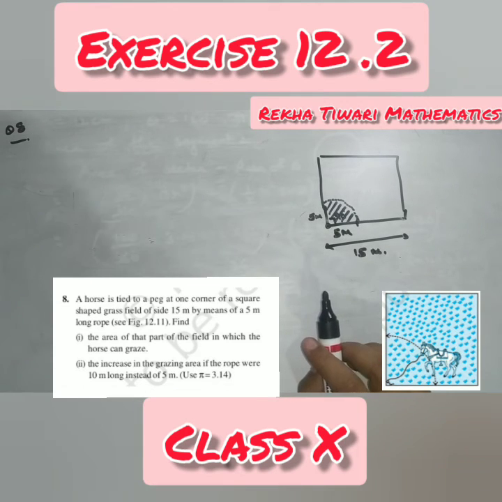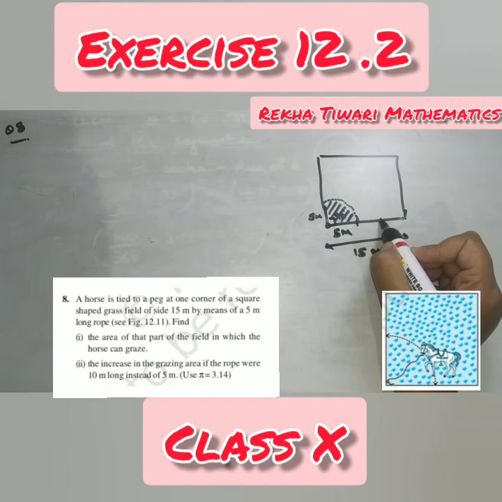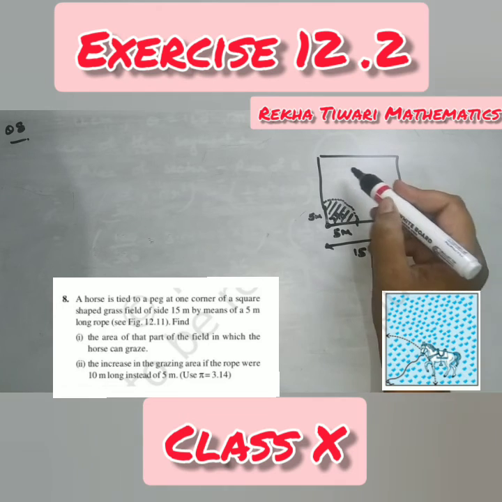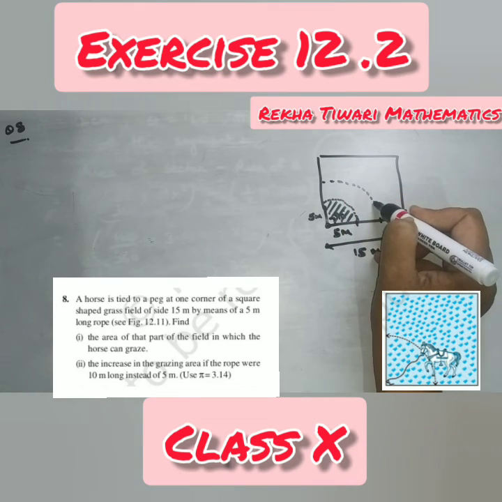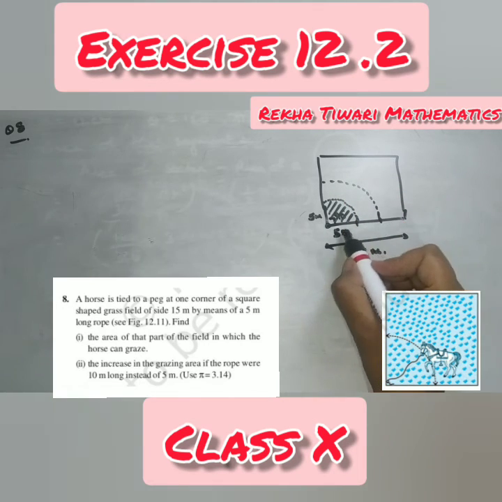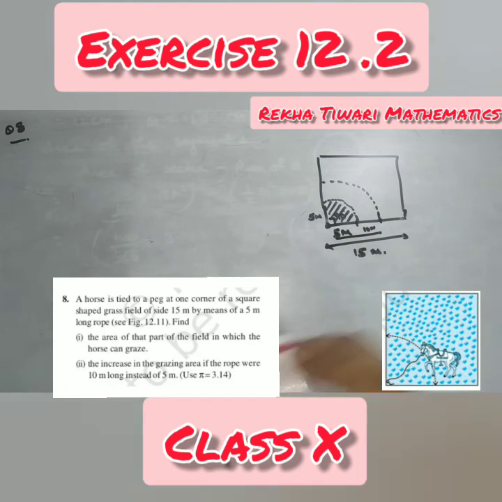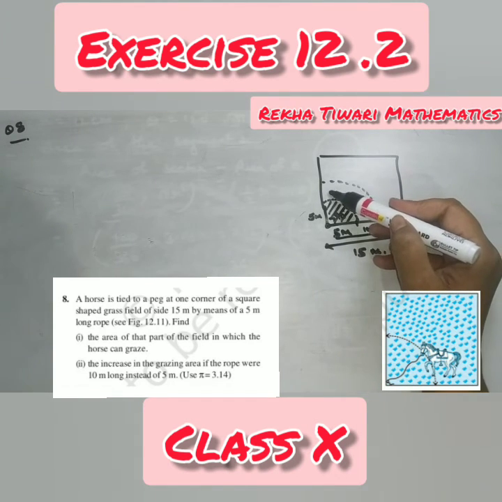And in the second part, you have to find out the increase in the grazing area if the rope were 10 meter long instead of 5 meter. Now suppose the rope is 10 meter, then the horse can graze in this much area. I have to find out this increasing area also.